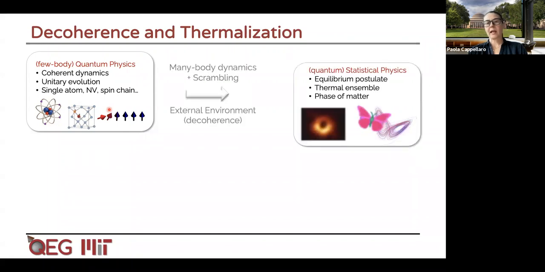When we start looking at very large quantum systems, the language transforms into quantum statistical physics. So we start seeing the emergence of equilibrium postulates. We have to look at thermal ensembles. We want to use the language of phases of matter. And so what we want to do is to try to go from one place to the other.